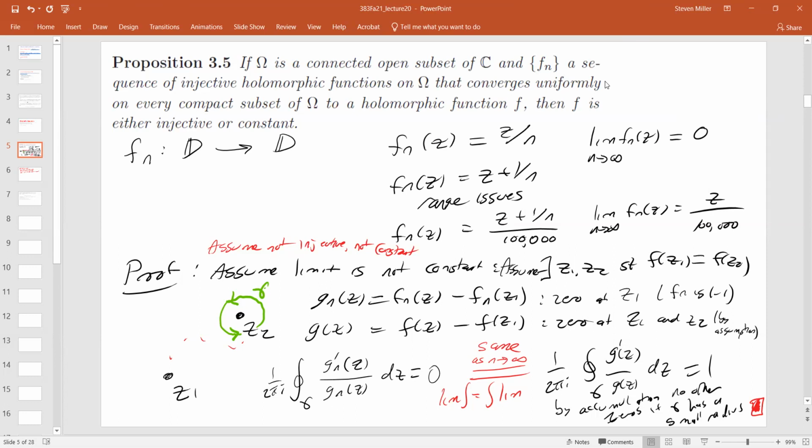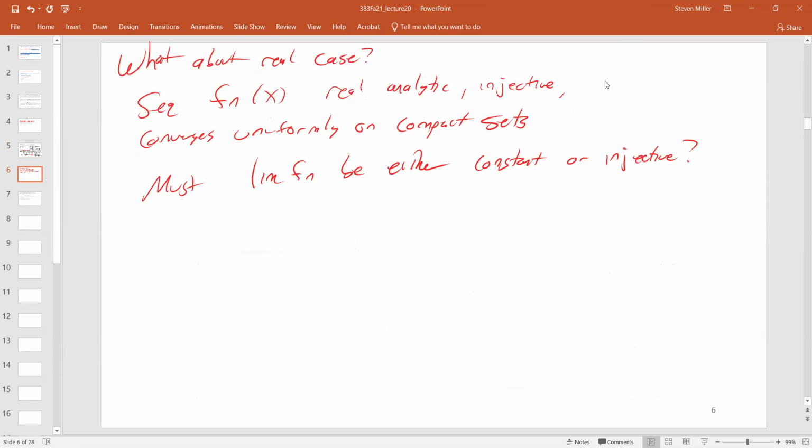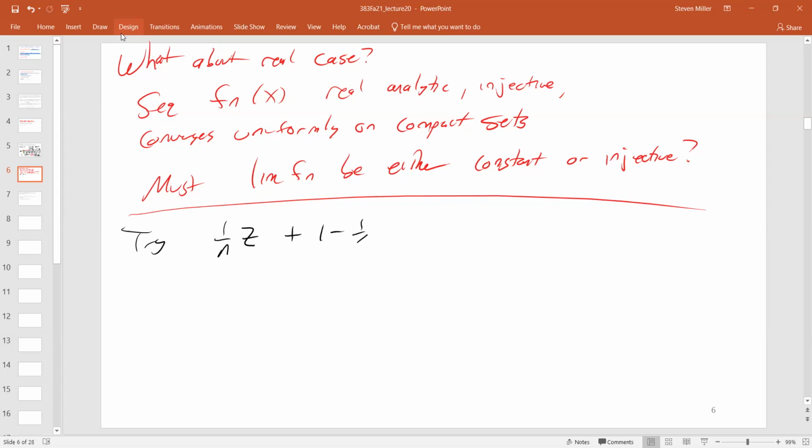And my first thought, which was a stupid thought, was to try, say, maybe 1 minus t, be 1 over n z plus 1 minus 1 over n z squared. Why would that be an interesting thing to try for Fn?